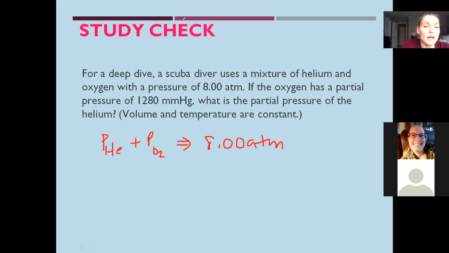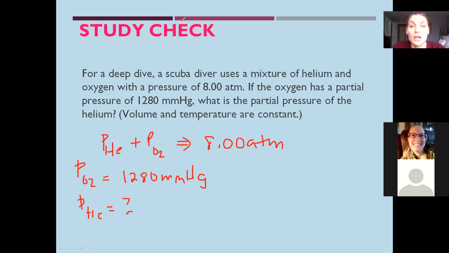We know that the partial pressure of oxygen is 1280 millimeters of mercury. And now what we want to figure out is the partial pressure of helium. And again, temperature and volume are constant, so they didn't change here. We want to have it total up to this number here.